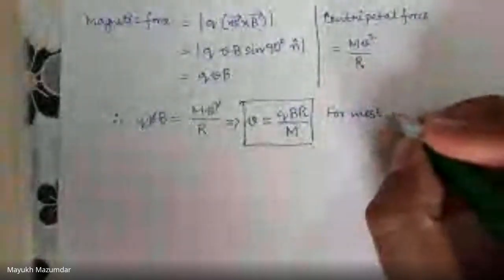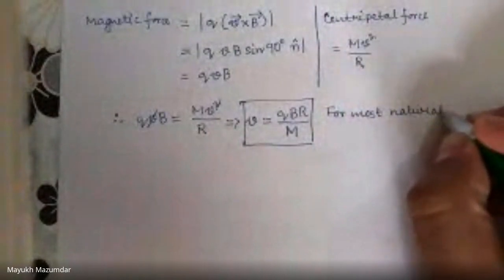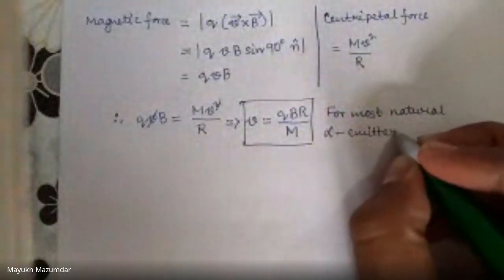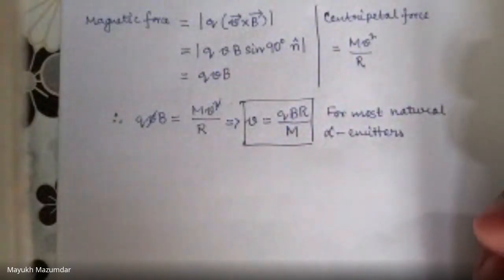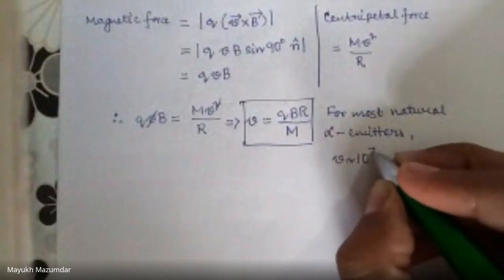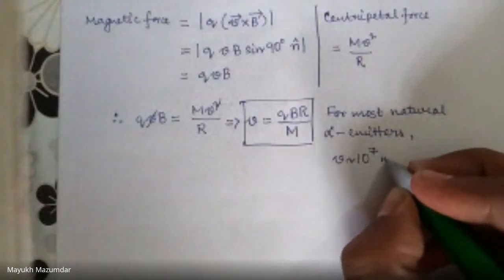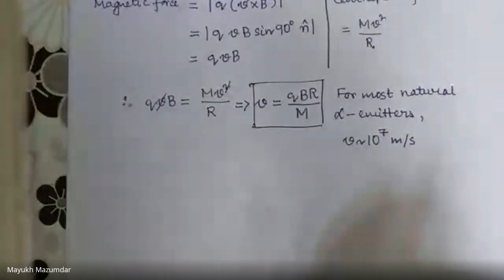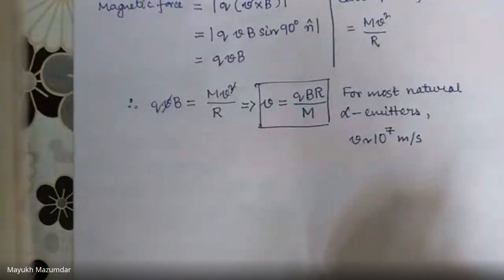Okay, so for most natural alpha emitters, that is for maximum naturally occurring alpha emitting nuclei, this velocity is found to be of the order of 10 to the power 7 meter per second. Fine.